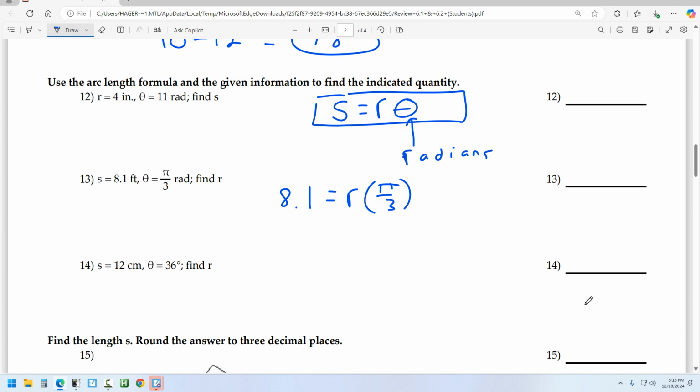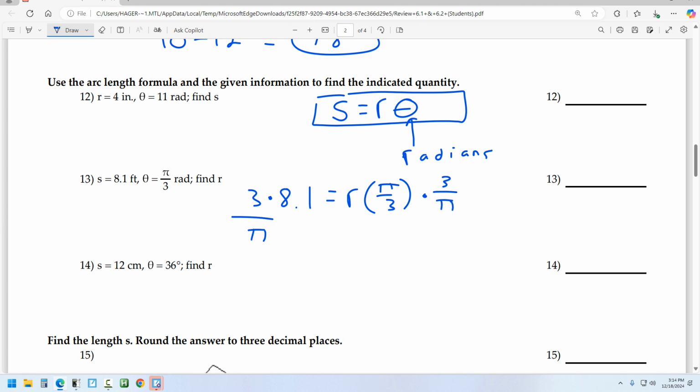And now we need to get r by itself. So what could we do to get rid of the pi and the 3 at the same time? Multiply each side by the reciprocal. What's the reciprocal of pi over 3? 3 over pi. So multiply by 3 over pi.